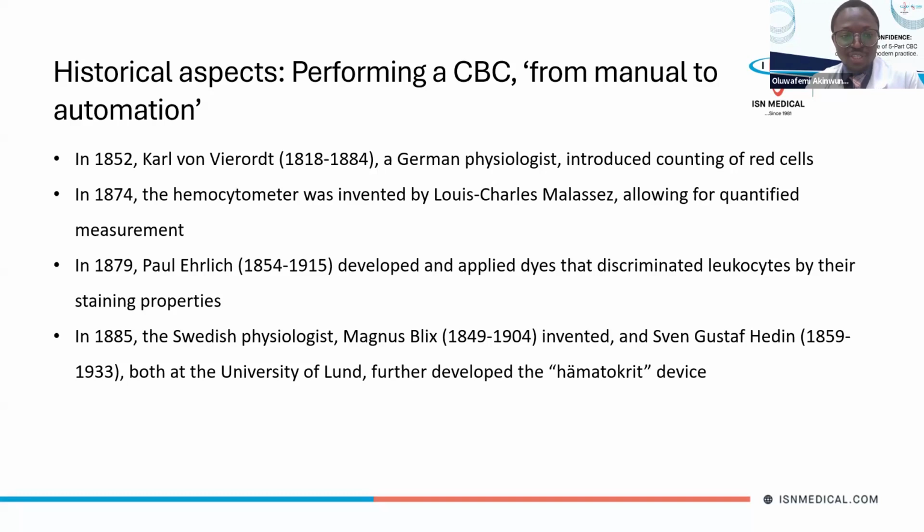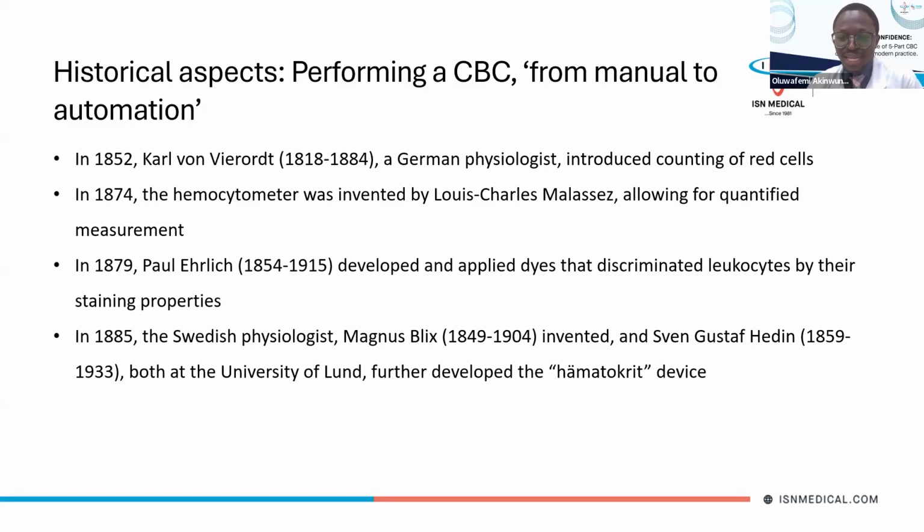In 1885, a Swedish physiologist, Magnus Blix, invented, and Gustav Hedin, both at the University of Lund, further developed what we call the hematocrit device, which is used to measure the packed cell volume.